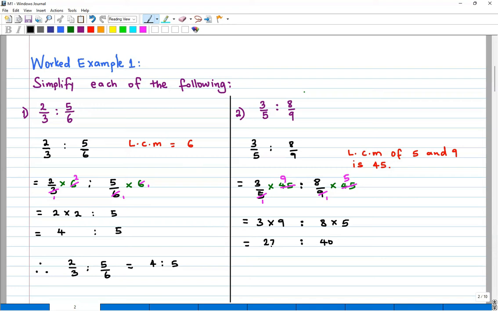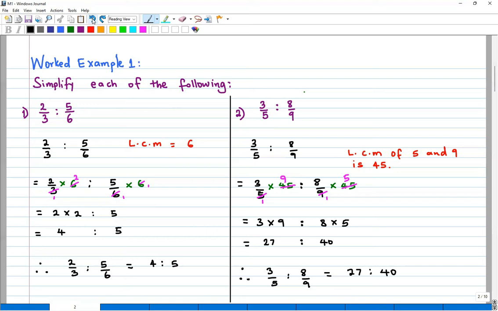You see that there is no common factor of 27 and 40. So it is already in simplest form. We say that, therefore, the ratio 3 out of 5 to 8 out of 9 is the same as the ratio 27 to 40. Okay, I believe you have understood how to simplify the ratios that are in fraction form.